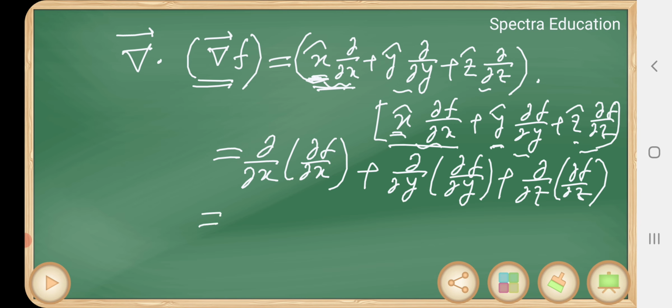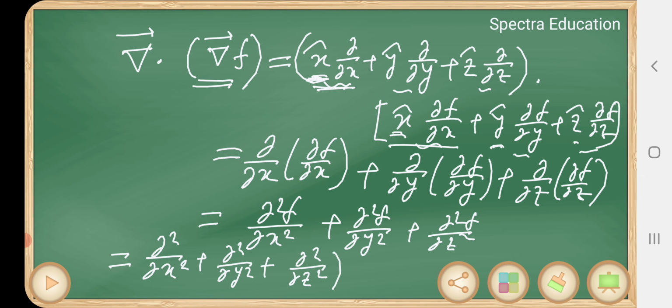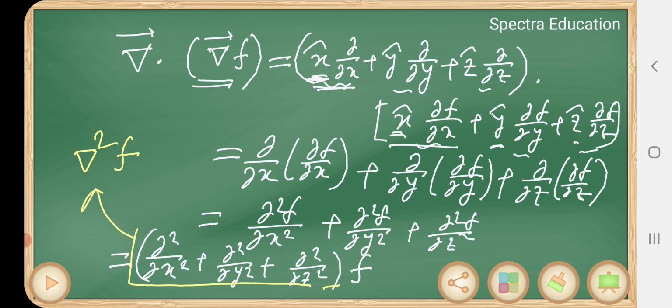So it is nothing but del 2 f del x2 plus del 2 f del y2 plus del 2 f del z2, or it can be written as del 2 del x2 plus del 2 del y2 plus del 2 del z2 operating on f. This operator is nothing but grad square or nabla square, so it can be written as nabla square f.